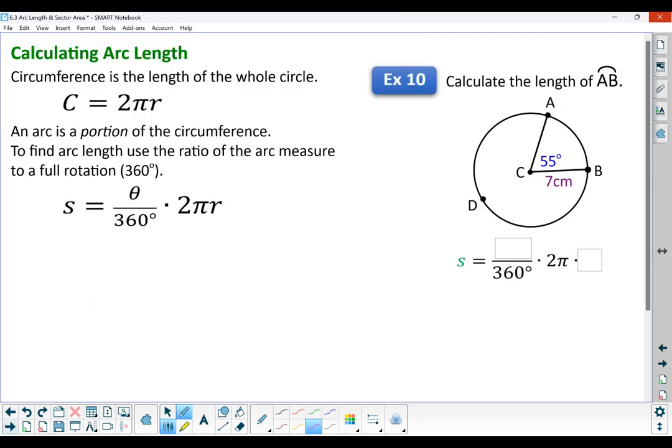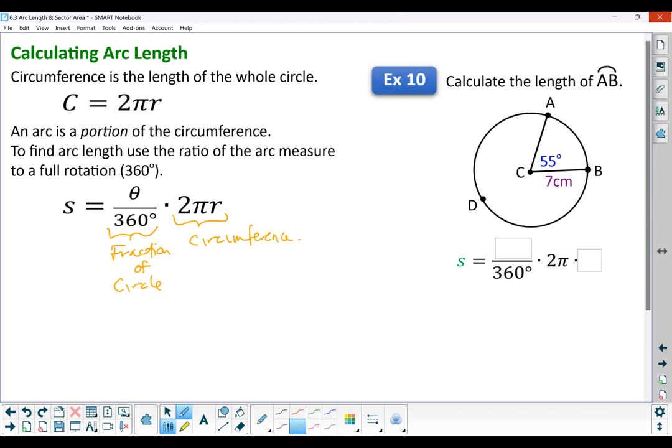To calculate arc length, the formula is a lot like the formula for calculating area of a sector. We have this fraction of the circle, and this time, we're multiplying it by the circumference.